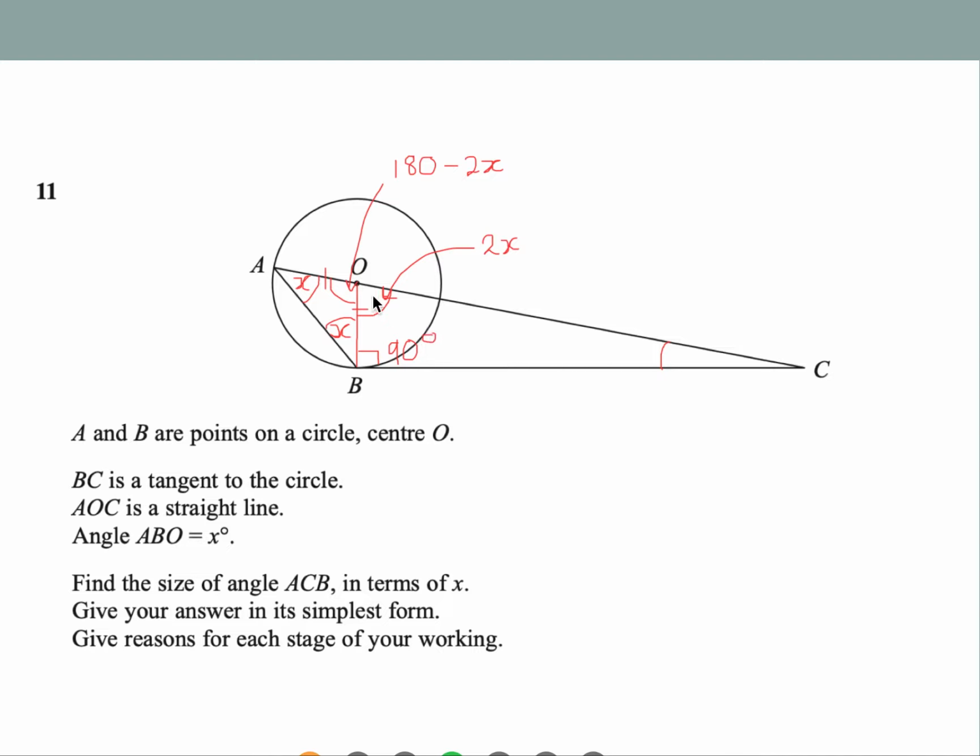So these two angles are going to add to make 90. So this angle has got to be 90 minus 2x. Okay? So that's what I said.